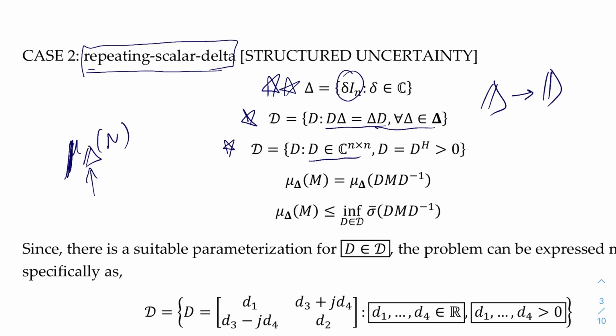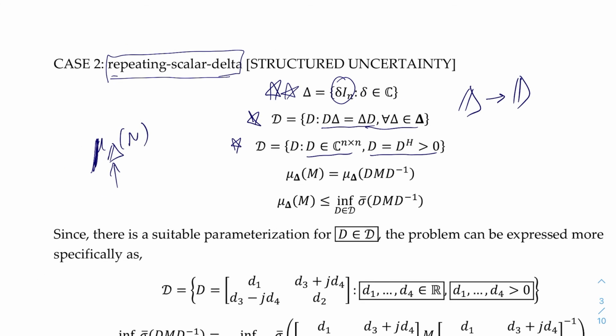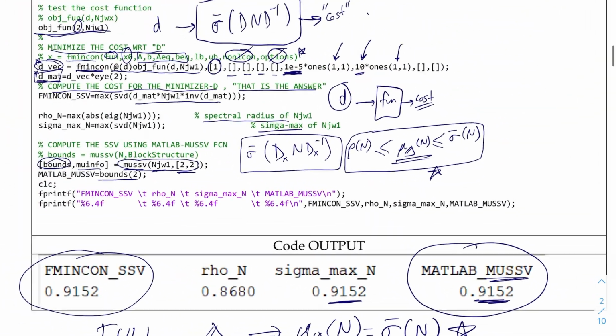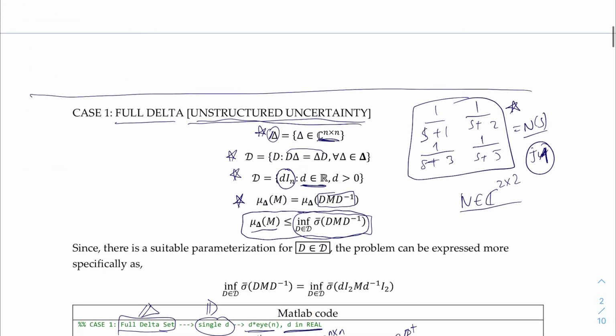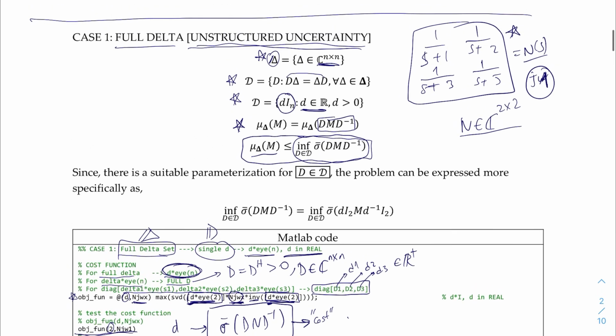And for that case, the structure of our D set is this. It's made out of Hermitian positive complex matrices. Okay. All right. And since we are interested in 2 by 2, right? Let's recall our problem. What was our problem? Let's recall that. Okay.